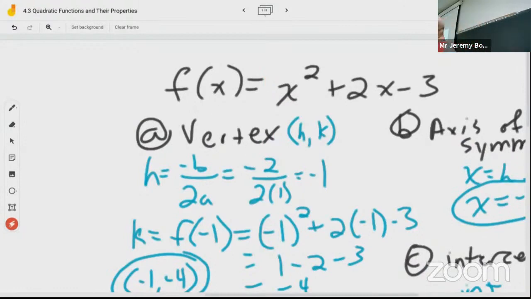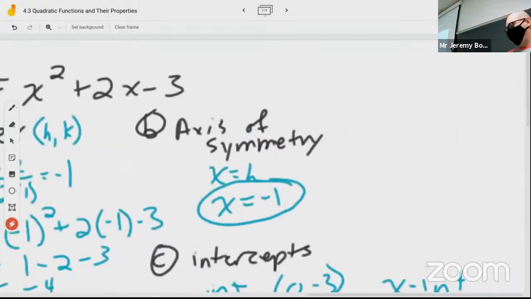So we should have 2 intercepts. If the y value of the vertex is 0, then you have 1 intercept. If the vertex is above the x-axis and it opens up, you're going to have none. If the vertex is below the x-axis and it opens down, you're going to have none. So you can use that as a little clue to help you out before you get started.